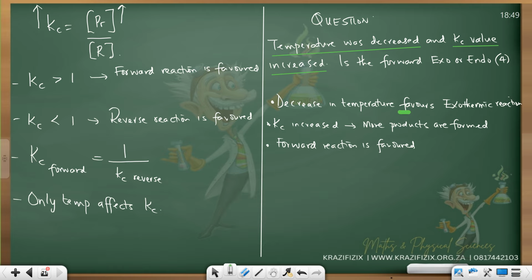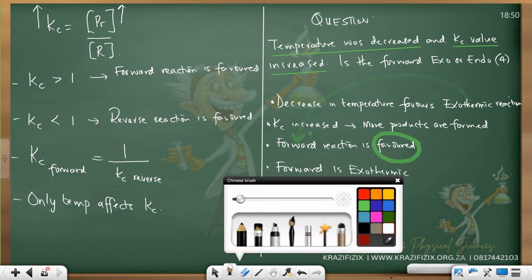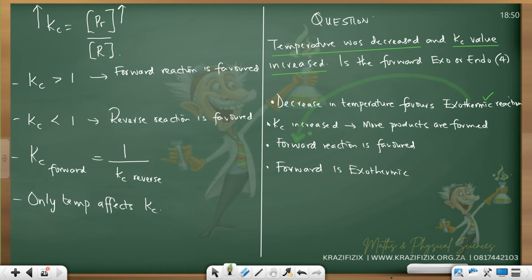Oh, then I can make my conclusion. We said exothermic is favored. Forward is favored. So favor and favor. It means exo is forward. So always talk about what is favored. It makes life easy. Forward is exothermic. And guys, you don't want to write stories. 1, 2, 3, and 4.